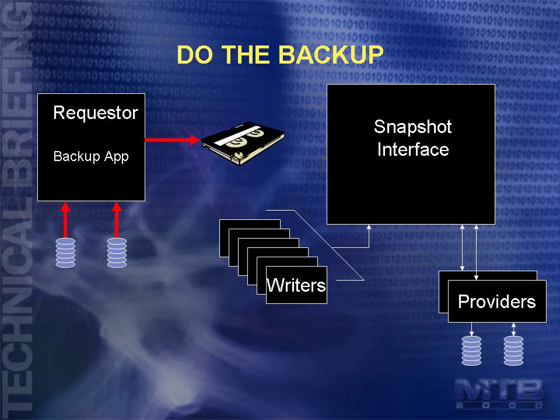Take it. You now have a copy of the SQL database. Same thing with Exchange. The writers say, we're in good shape. Take it away, and you have all day long to sit there and copy your data to the tape without impacting your server. The only impact you'll have is that the longer you take, the more your differential area grows. So you got to have enough disk space to accomplish this.